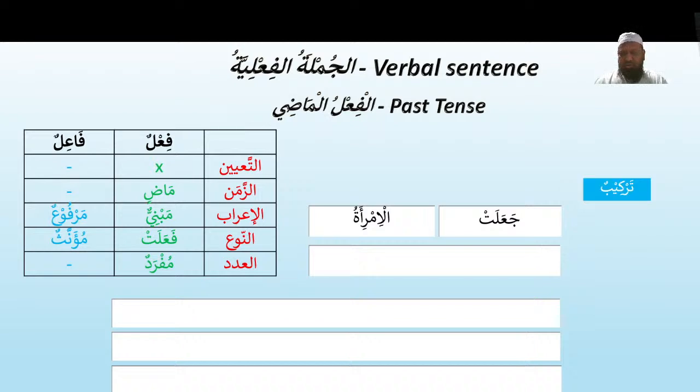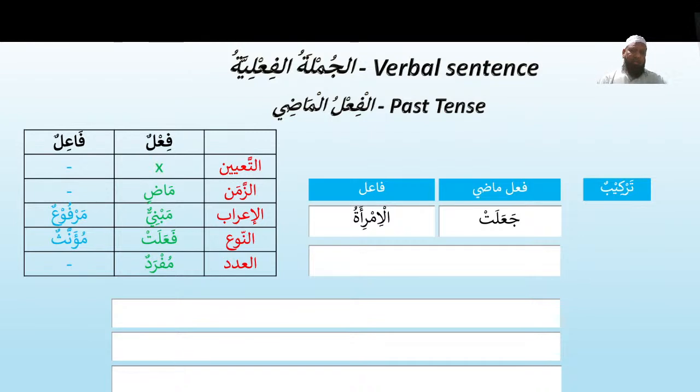So let's go through the first تركيب. جعلت فعل and al-imra'atu fa'il. جعل is to make. You can say the woman made.